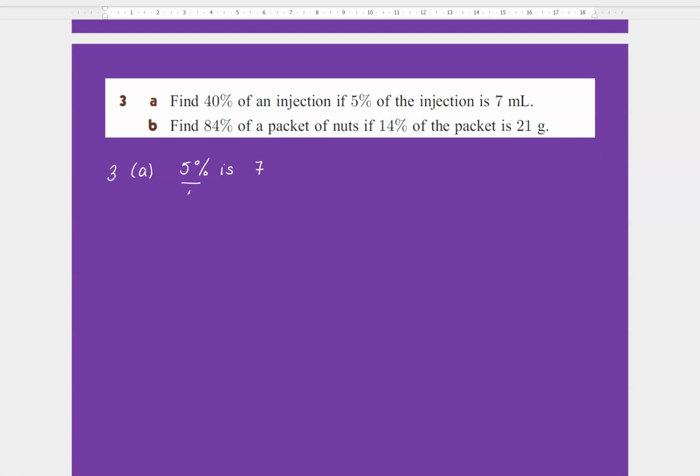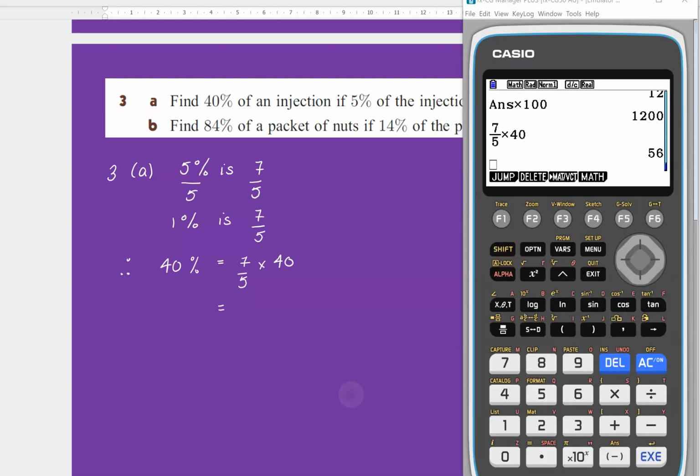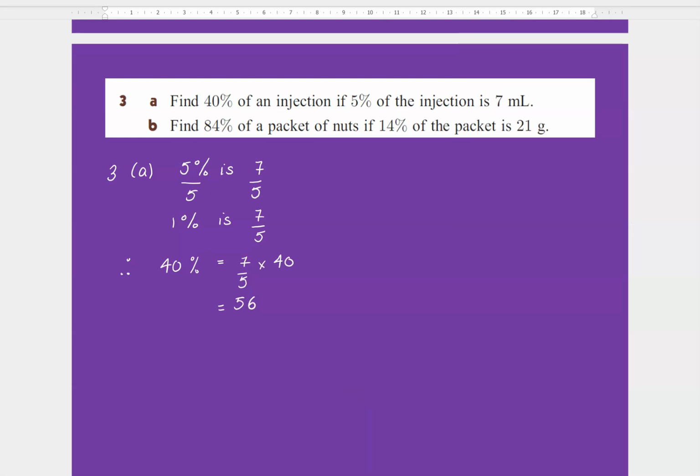So same thing, we're going to divide by 5, so that gives us 1% is 7 over 5, and so therefore to find 40%, that's going to be 7 over 5. Right, how do we get 1 to 40? Well, we times by 40. Okay, which is 56. And we better pop the units, millilitres.